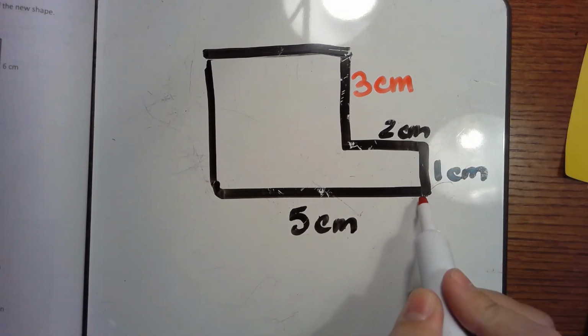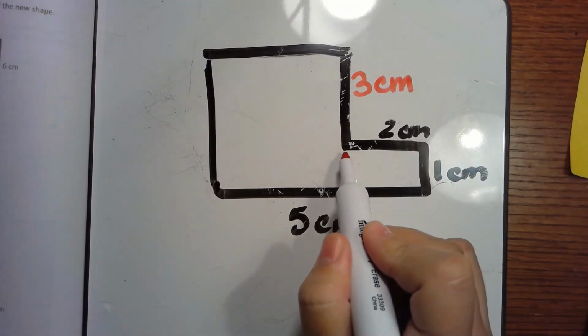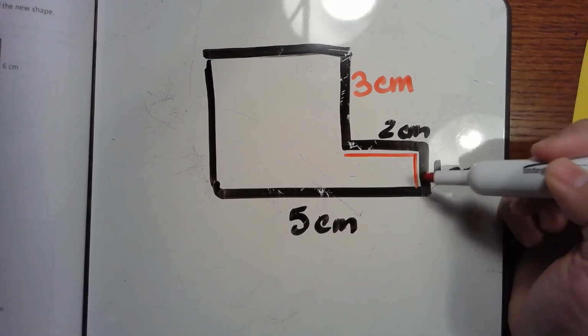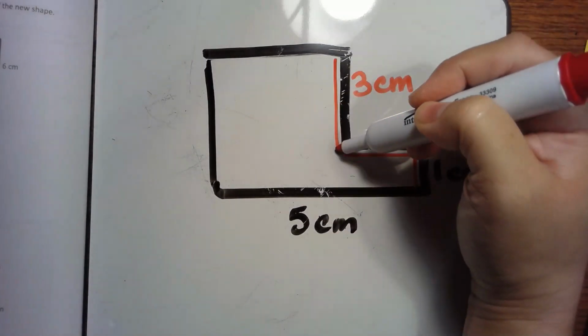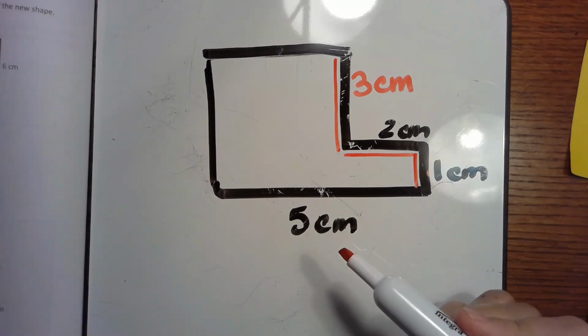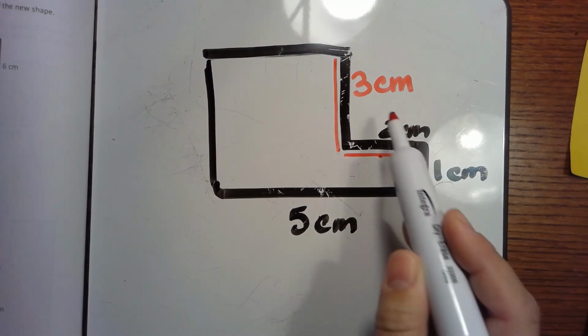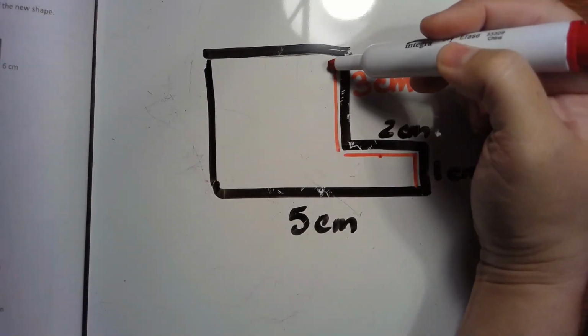We have 5 centimeters at the bottom, 3 centimeters here, 2 centimeters here, 1 centimeter here. So part of learning how to do this is just getting used to reading how the problems are labeled. It might take you some time to get used to knowing that the 2 goes with this length and the 3 goes with that length.